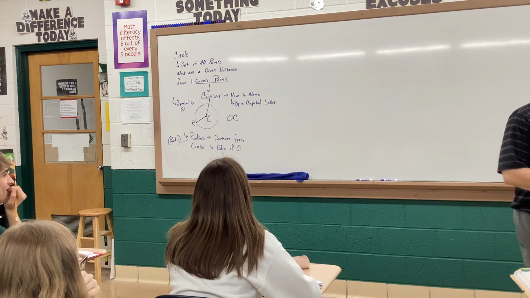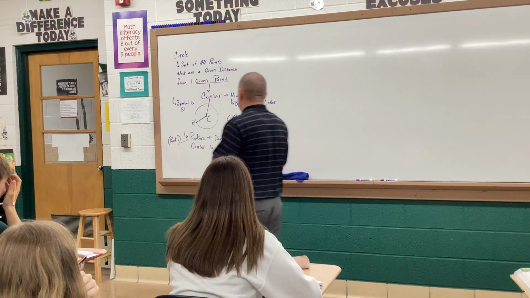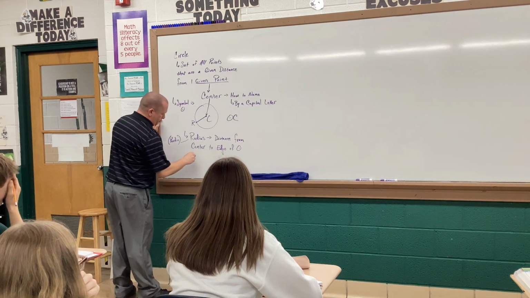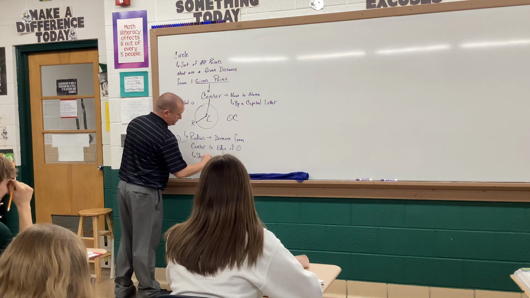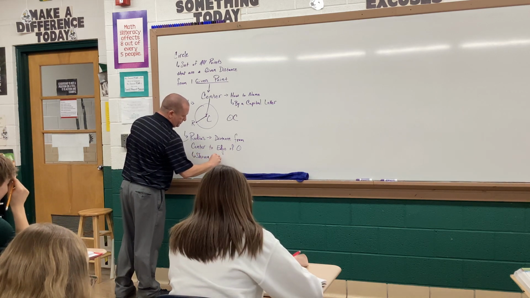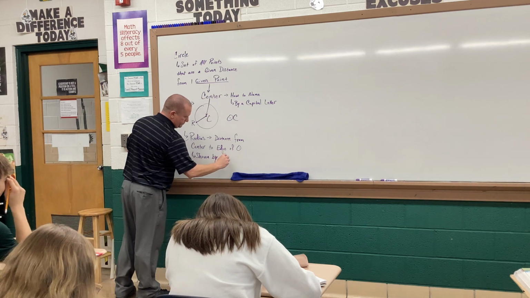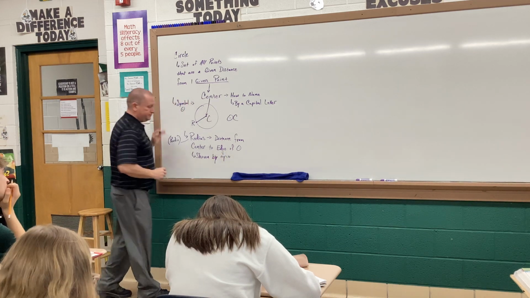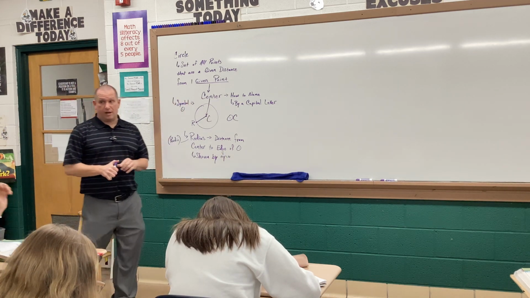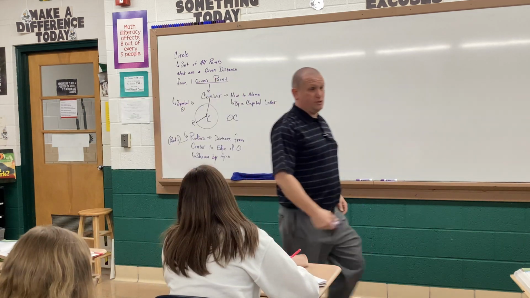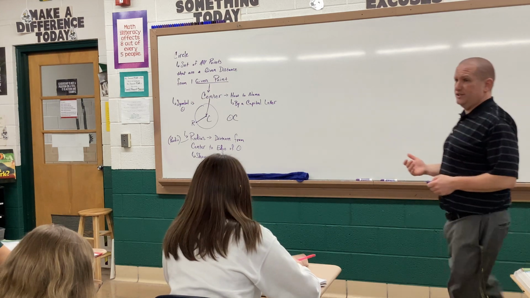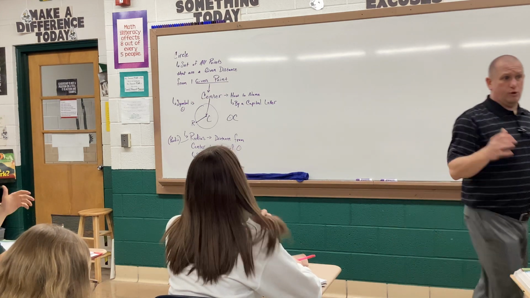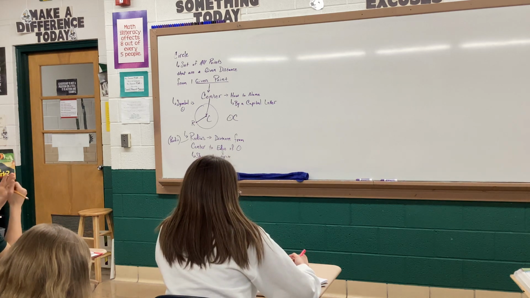Number of radii. So here again, this is shown by, and this is really important, lowercase r. It is really important that you use lowercase r. There's going to be a lot of variables in this, and you really got to know the difference between a lowercase letter and a capital letter.